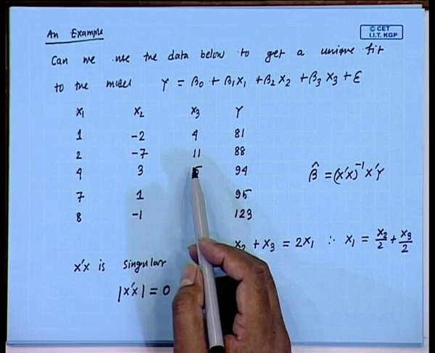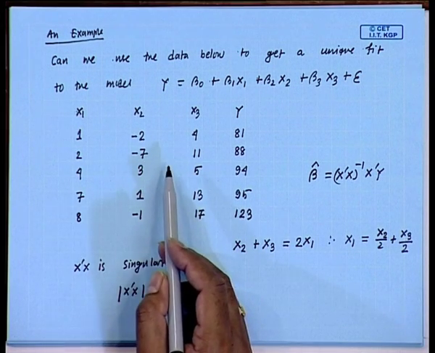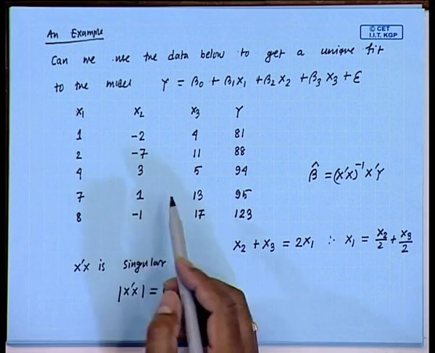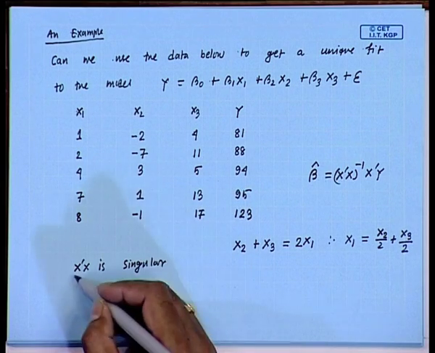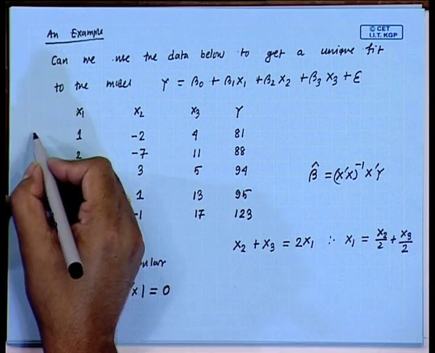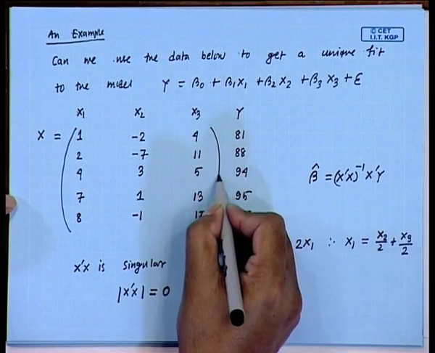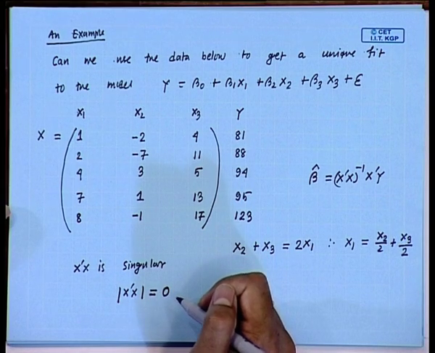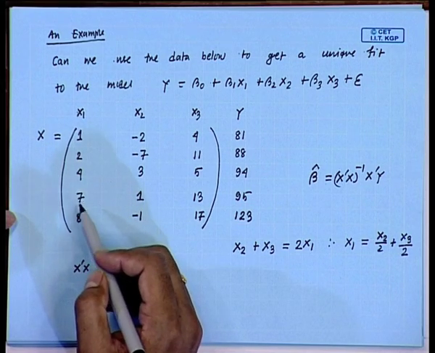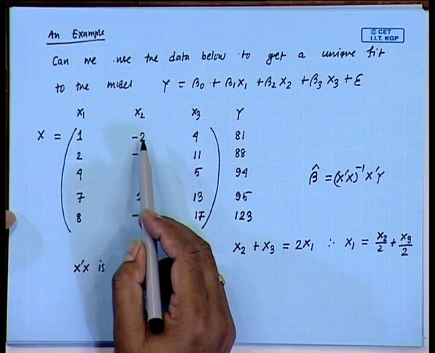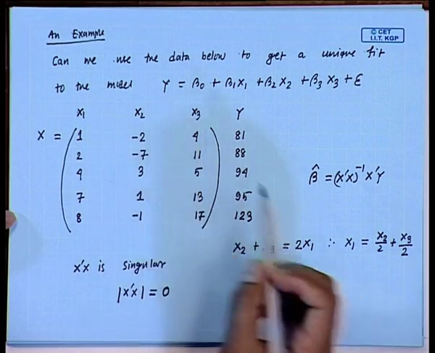So, this is an example which illustrates the definition of multicollinearity. In this particular data the problem of multicollinearity exists because the columns of X, the X matrix, are dependent: one column, for example the first column, can be written as a linear combination of x 2 and x 3.